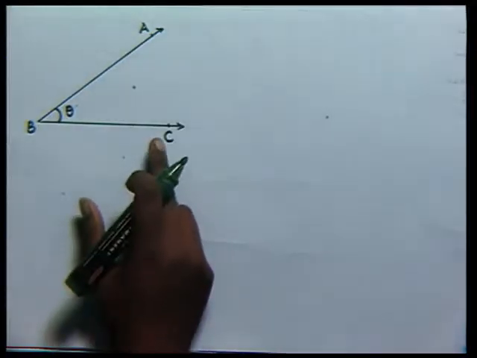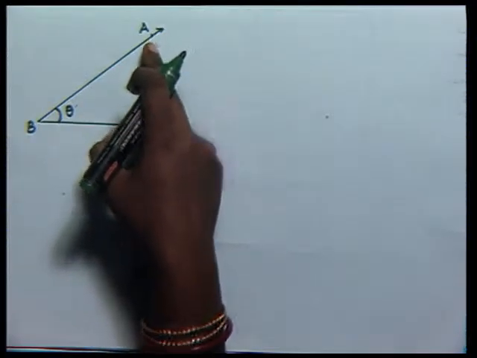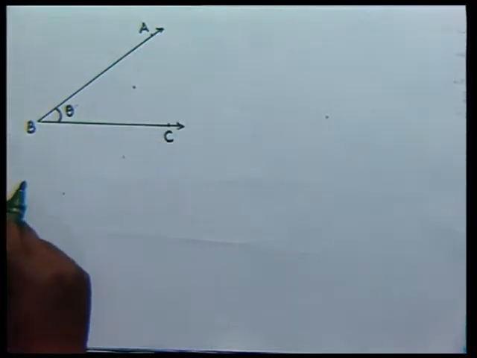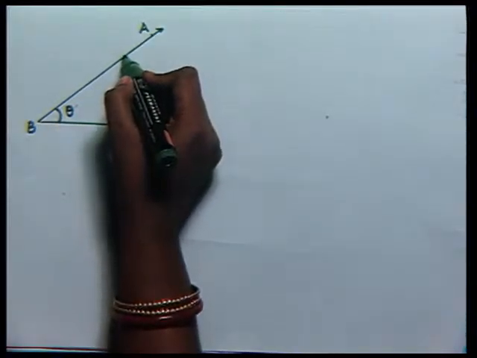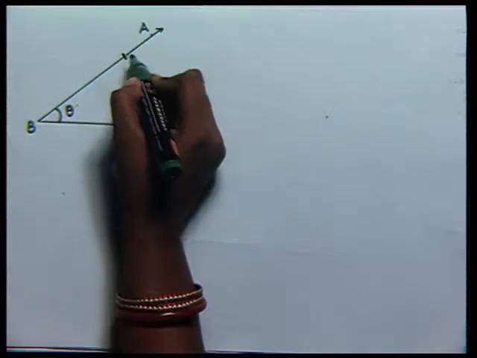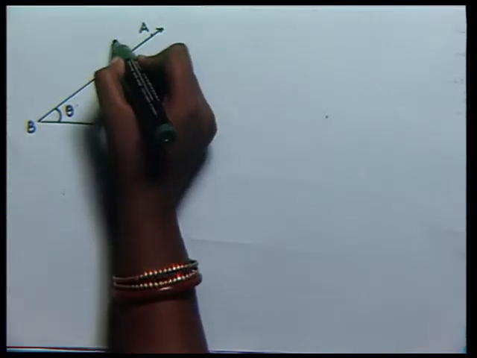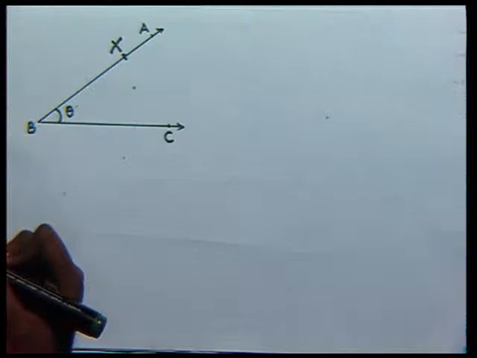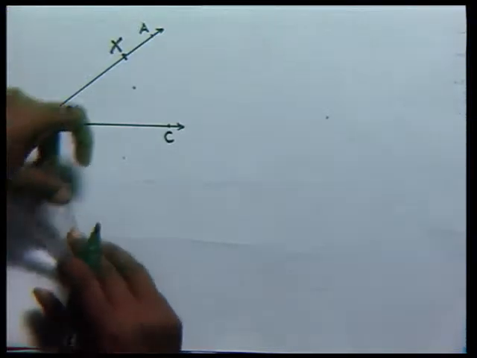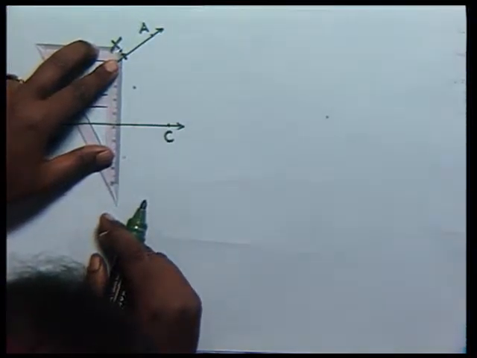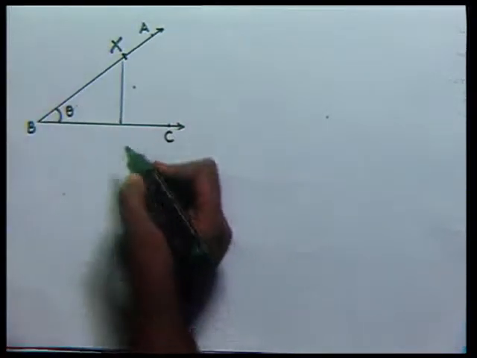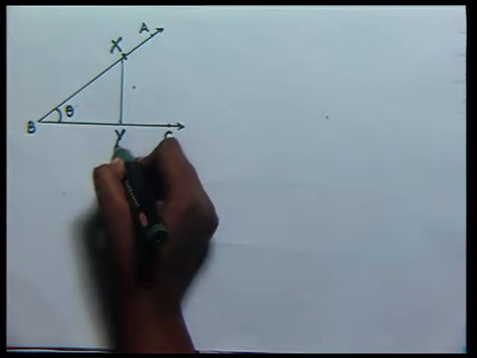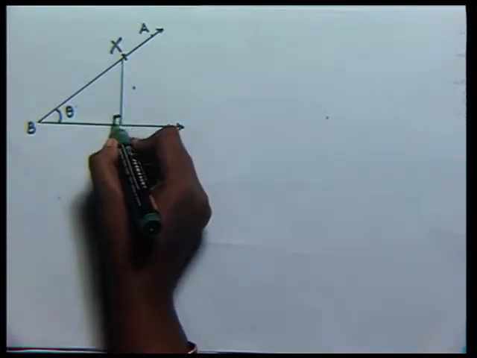Now, for any other acute angle, let us take the acute angle ABC. We have taken this angle theta here. Let us take any point X on this side AB other than A, and from X let us drop a perpendicular to the side BC. This perpendicular is XY.